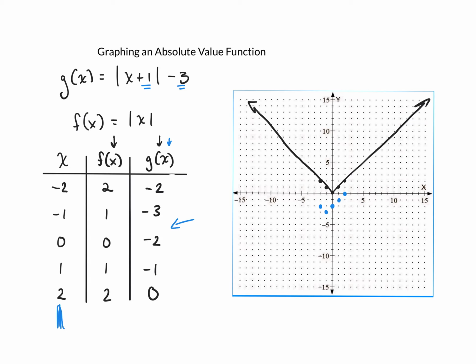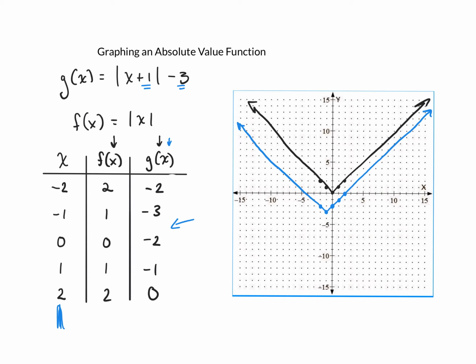So what you begin to notice here is I get the same looking V shape as I had before. The only difference is what happened here. What's everything doing? What ends up happening is that point of negative 1, negative 3 is interesting.